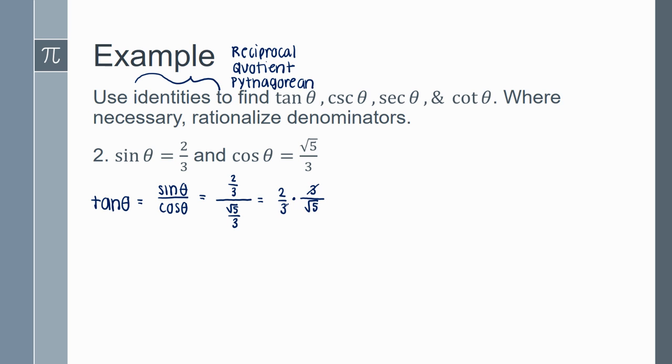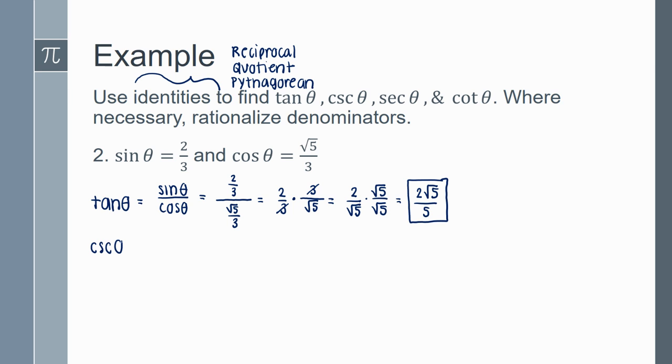Now, because there's a 3 on the top and a 3 on the bottom, that goes away, and it leaves you with 2 divided by the square root of 5, which to finish it out, we have to rationalize. So I'll multiply the top and the bottom by the square root of 5 to give me 2 root 5/5. And there is my first answer.